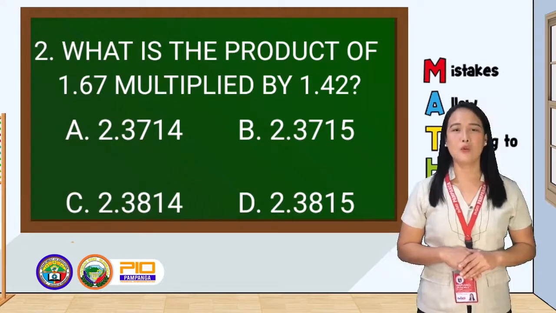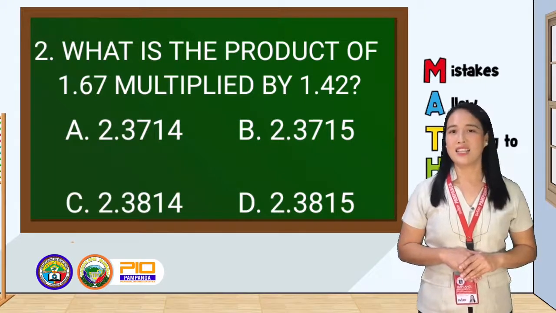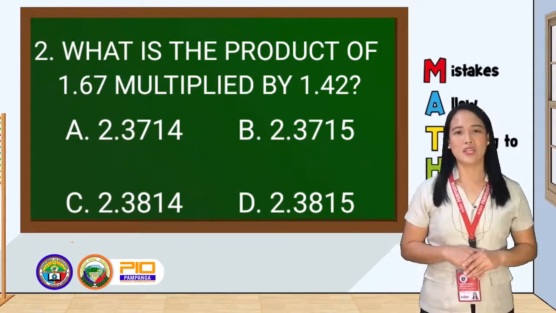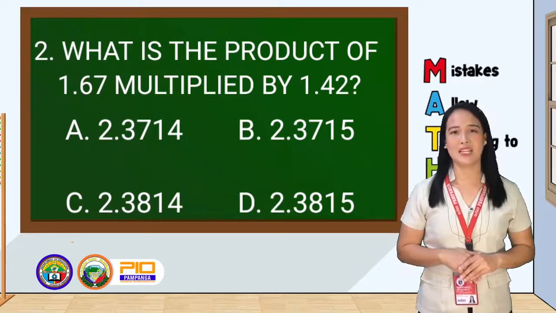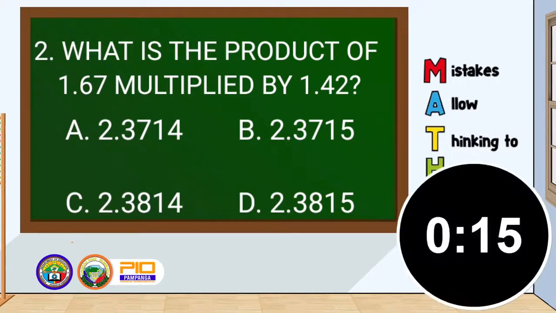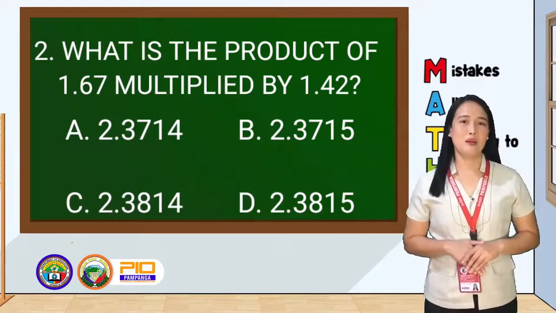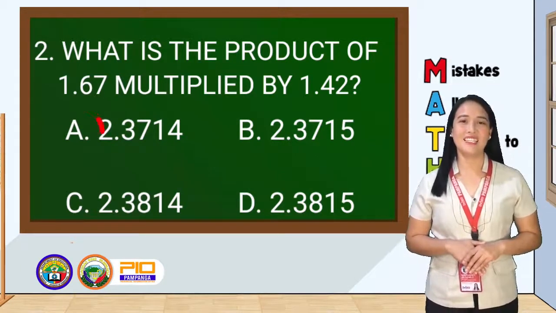Letter B, 2 and 3,715 10,000ths. Letter C, 2 and 3,814 10,000ths. And letter D, 2 and 3,815 10,000ths. For number 2, the correct answer is letter A.